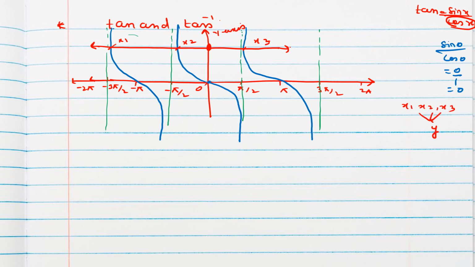So to find tan inverse, we will interchange the domain and codomain, then it will become like this, that y is related to x1, x2, x3. That is not possible because it will not be a function then. That means we have to restrict the domain of tan inverse. So we will restrict here, this much part only we will consider.